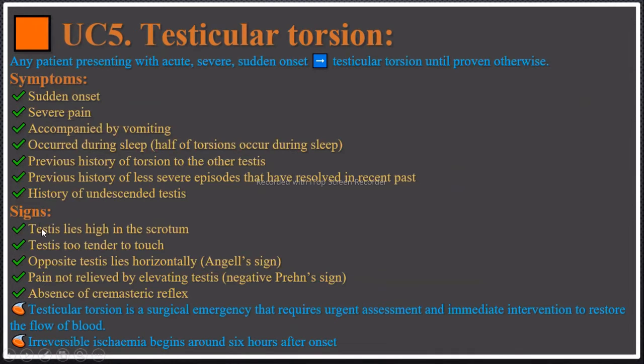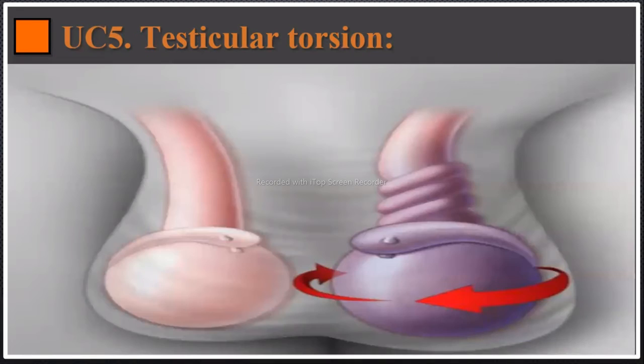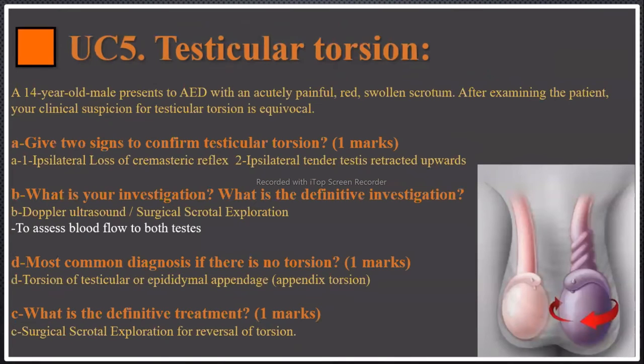Number two, examination, the signs. If the examination is equivocal and you cannot diagnose, you go for ultrasound. If ultrasound gives a clear diagnosis, refer to the urologist. If ultrasound is equivocal, the next step by the urologist is surgical scrotal exploration, which will give a clear diagnosis.